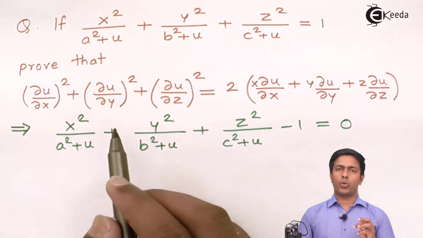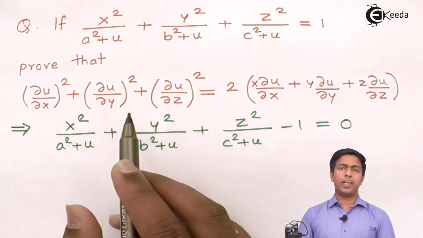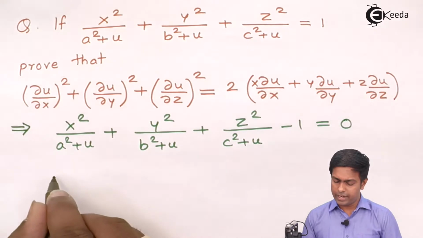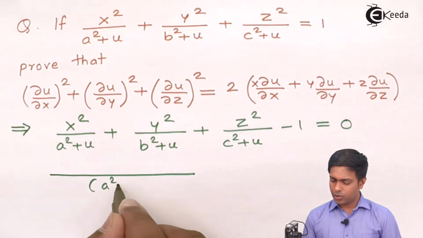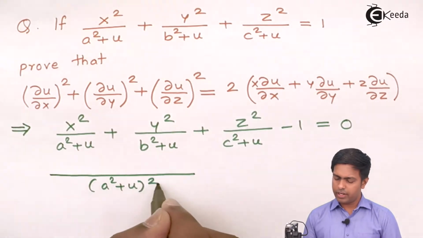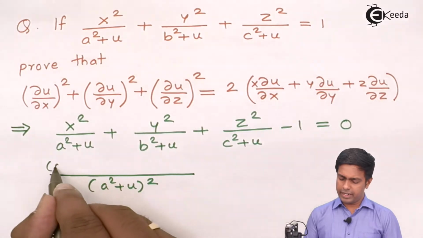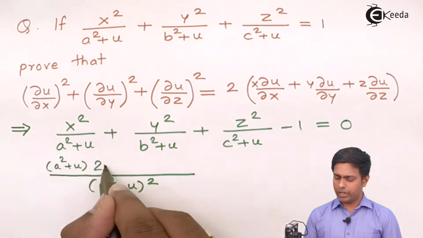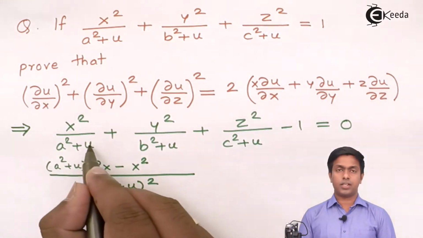So to get the answer, we will apply the u by v rule of derivative. By using that rule, in the denominator we get (a square plus u) the whole square. The denominator is v square, and in the numerator we get (a square plus u) into the derivative of this term, which is 2x, minus x square into the derivative of this term, so 0.